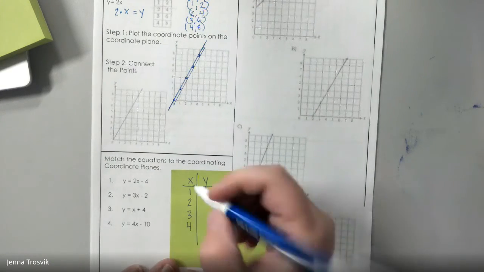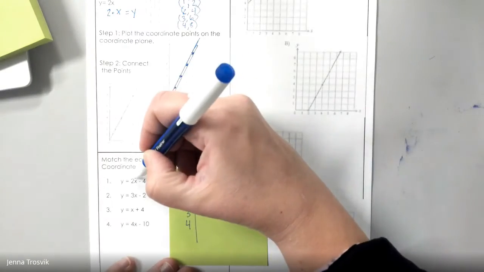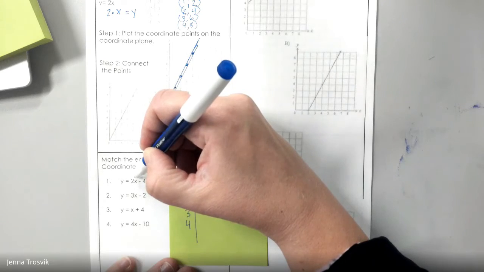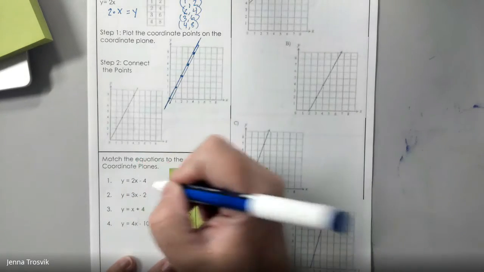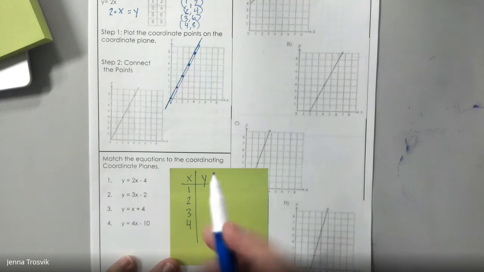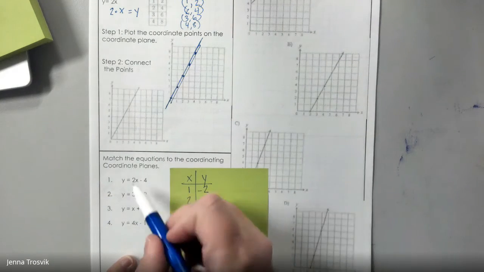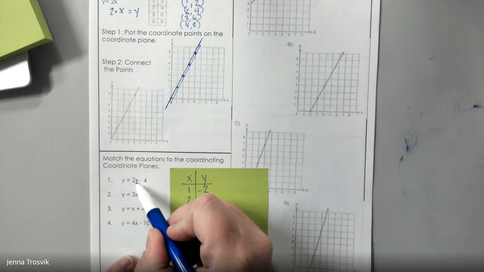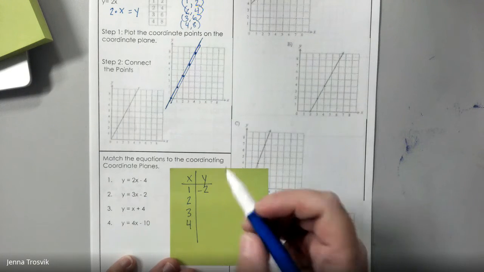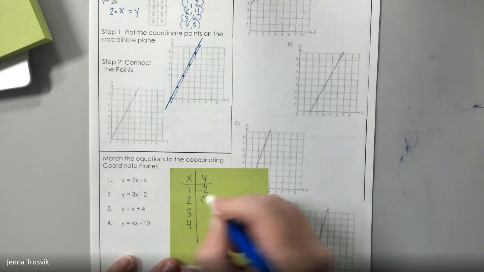So it makes sense to just put 1, 2, 3, 4 into my equation. If I put 1 in for x, 2 times 1 equals 2, and I would take 4 away, which would give me a negative 2. If I put 2 in for x, I have 2 times 2, which is 4. If I take 4 away from 4, I will have 0.